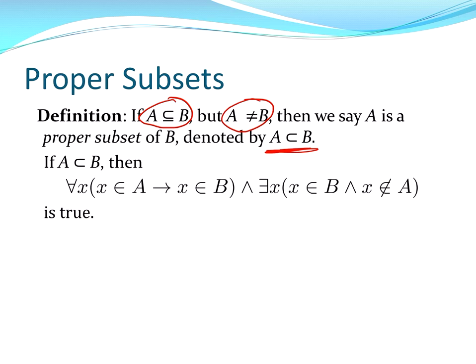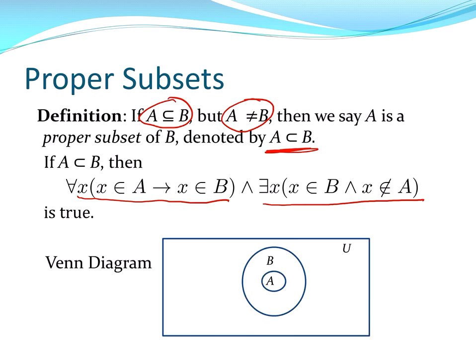So if A is a proper subset of B, then A is a subset of B, and there's an element of B that is not in A. Here we have a Venn diagram. Here's our universal set, here's our set B and a set A. And this indicates that there's something in this area that is in B but not in A. So A here would be a proper subset of B.